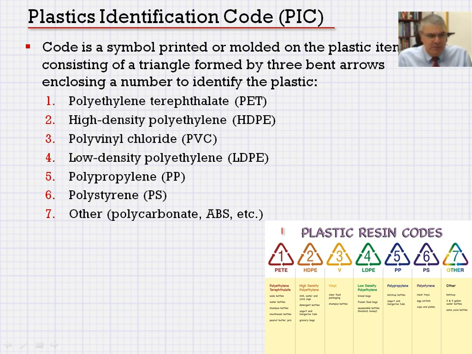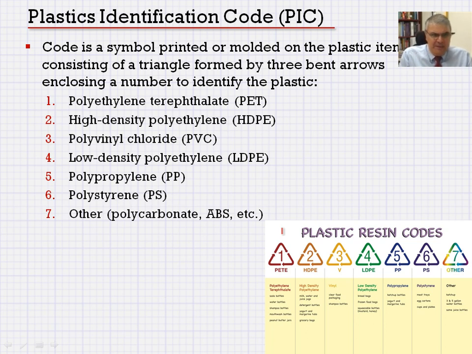It's a symbol, as you can see there, three arrows in a triangle, and there's a number in between. Next time you see a plastic product, try to read it and compare it with this little chart that I give you here. There are actually 7 of them.